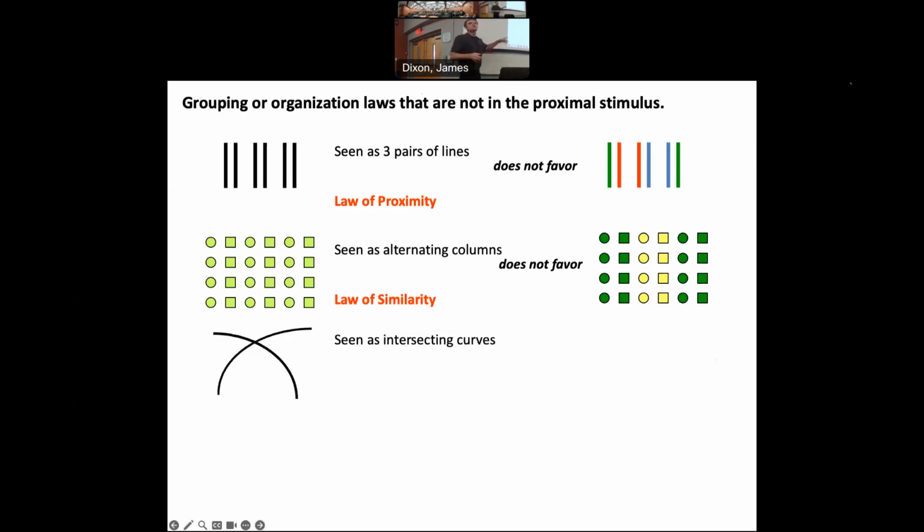We usually would see this as intersecting curves. So a curve here and another curve here. But again, you don't have to see it that way. Logically speaking, it could be a lot of things. You could have seen it as a discontinuous curve here and a discontinuous curve here, but you just tend not to.